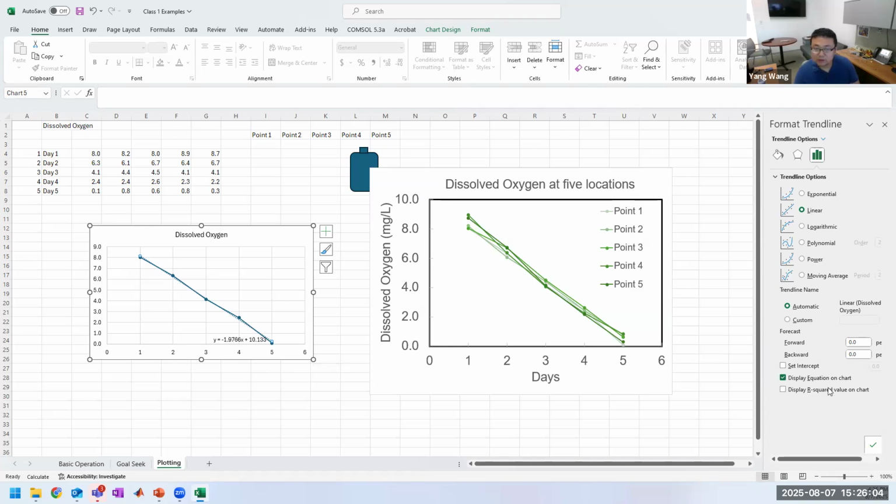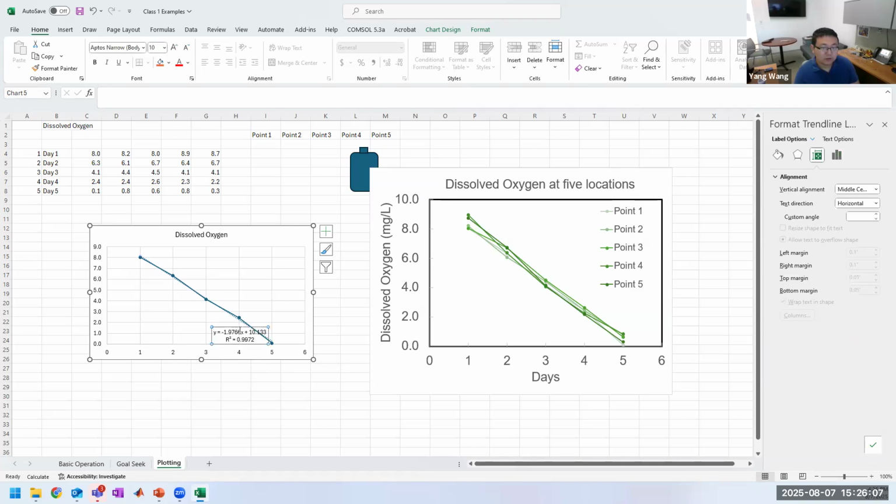Okay, so you can set up a linear line. If you want to show the equation, you can also show the equation over here. You can see that R squared is actually very high. Okay, that's because when I created the data, I used linear correlation and I added some random number, right? Remember the random number I showed earlier, right? So overall, it's going to show you this sort of linear relationship over here.